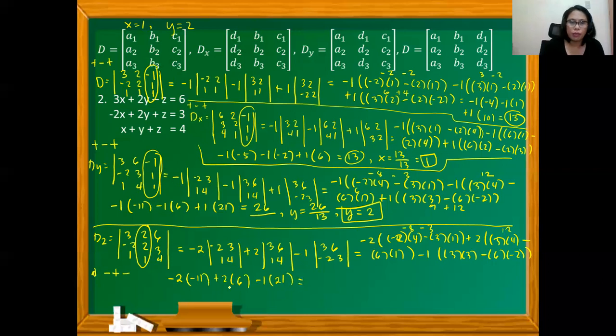So we have 22 minus 21 is 1, plus 12. So this is 13. So our d sub z is 13. And we know that z is equal to d sub z over d. Since d sub z is 13 and d is 13 also, z is equal to 1. So z equals 1.